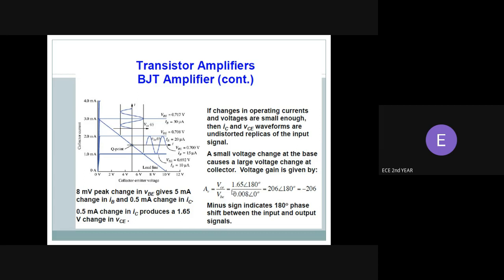VBE gives 5 microamps change in IB, 0.5 mA change in IC, and the 0.5 mA change in IC produces a 1.6 volt change in VC. If changes in operating current and voltages are small enough, then the AC and DC waveforms are undistorted duplicates of the input signal, while IC is the AC current and VCE is the AC supply.